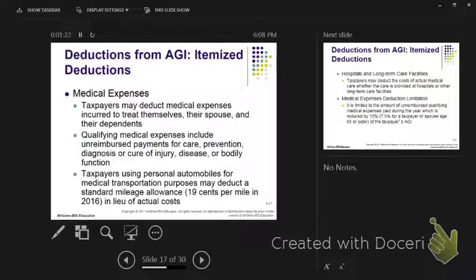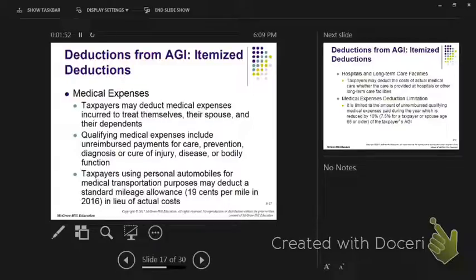Her job is she walks pets and takes care of pets during the day. She is not reimbursed for her mileage. So her mileage is extremely high because that's all she does. She doesn't own a home and she's not sick, but her unreimbursed mileage well exceeds her standard deduction, so it jumps her to itemized deductions. So that is a case where she doesn't have either one and she does use itemized deductions.